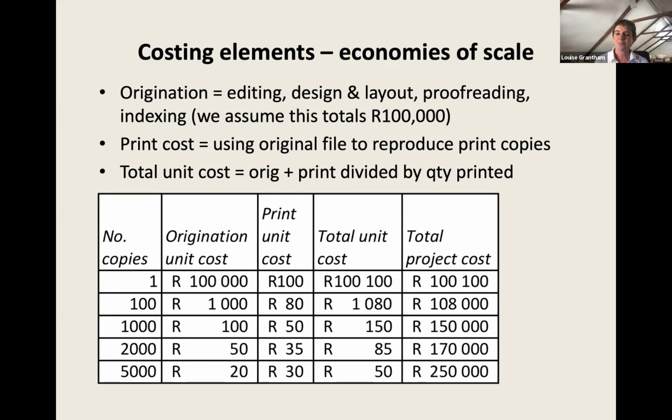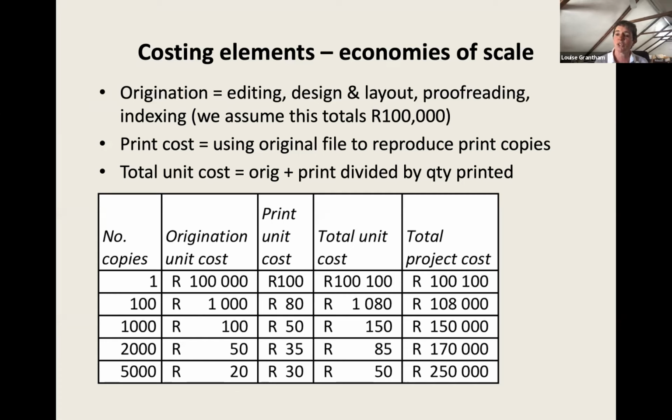And then we look at what happens if we do 1,000 copies, 2,000 copies, or 5,000 copies. So our origination cost is getting divided by more books each time. And so it goes down dramatically from 100,000 in the first line down to 20 Rand if we did 5,000 copies of that book. Our print cost comes down less dramatically, but still comes down. And so by 5,000 copies on the same illustrative costing, we are now at 50 Rand per copy, very different from that 100,000 that we had in the first line.